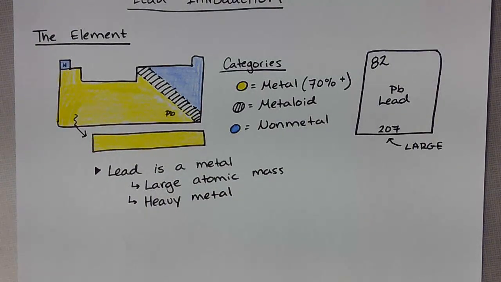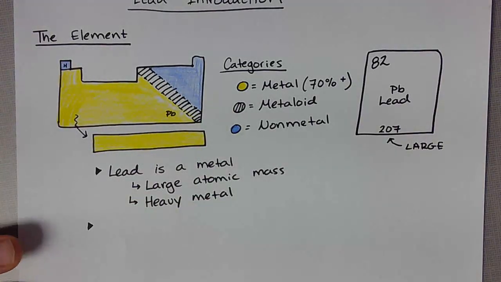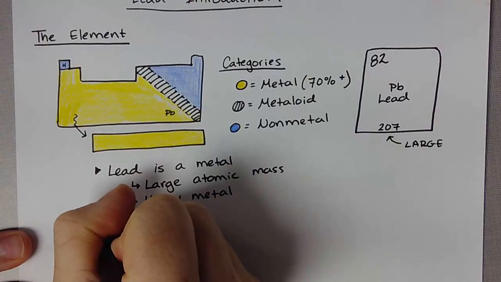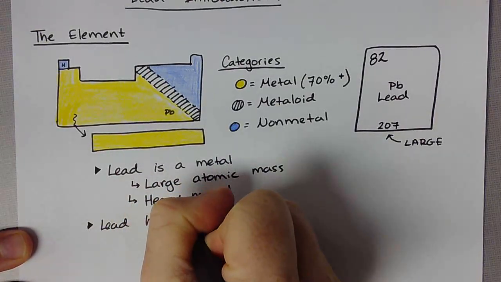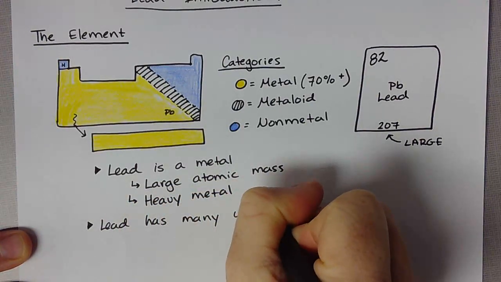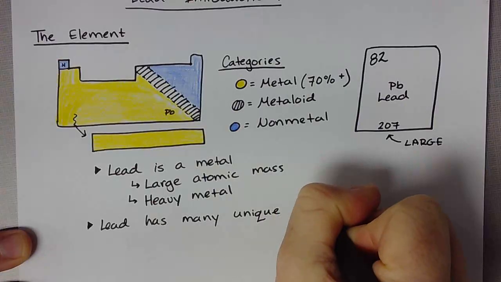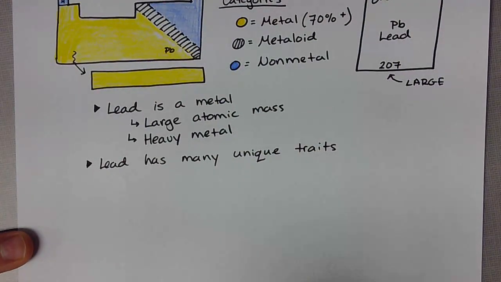Now, we're choosing to look at lead because lead has a lot of very unique traits that made it very useful historically. So the first trait is lead is very, very dense.